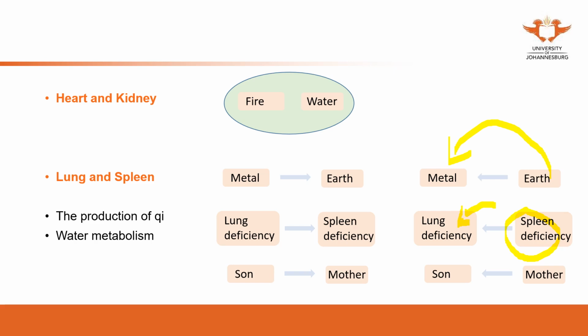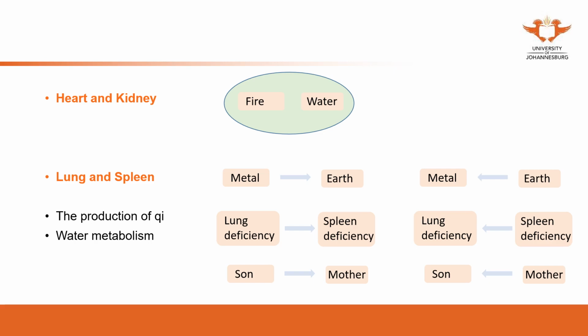For this kind of coughing, for the treatment, we are going to focus on the spleen. We're going to tonify the spleen, and that's going to assist the mother element so that it can help the son element. So that's the relationship from the 5 elements as well. For the relationship between these two, let me focus on the qi and water metabolism.